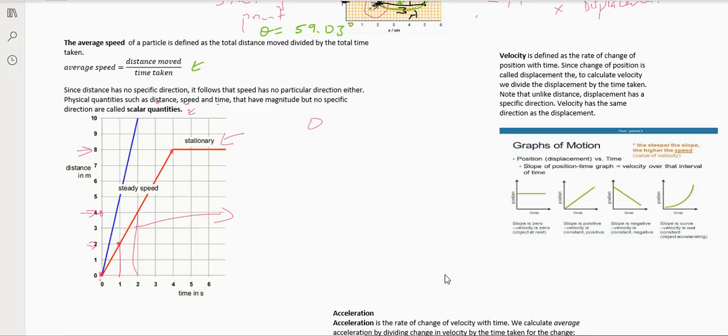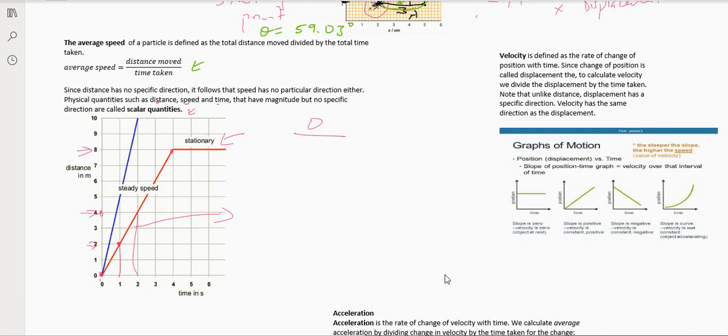And with that, you cannot find a speed, because speed is related to distance traveled over time. So once there's no distance, you don't have a speed. So you are stationary, or the car has stopped in some cases.